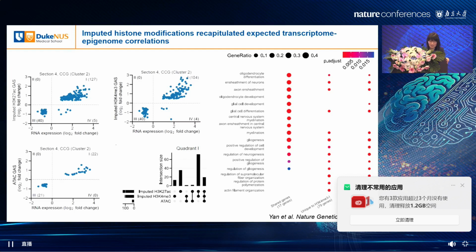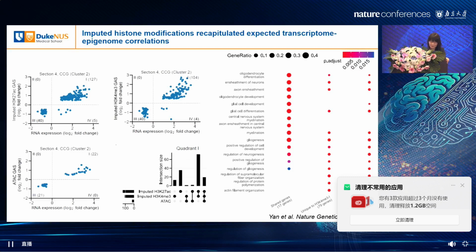As I mentioned before, we would like to impute the missing modalities. So what we did here, for section 4, which contains only the RNA and ATAC modality, is use algorithms to impute the 2 histone modification modalities. Then we examine the correlations between the RNA expression and the gene activity score inferred from the imputed modalities, compared to the correlations from the measured modality.